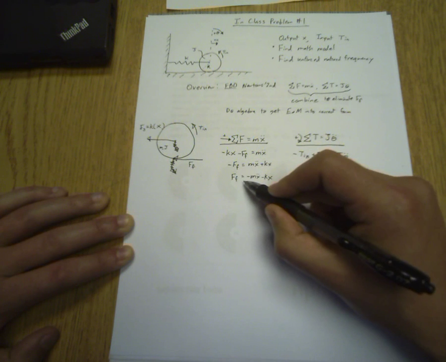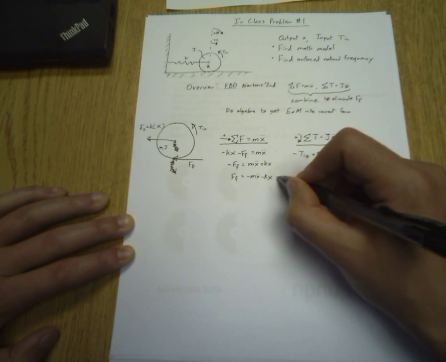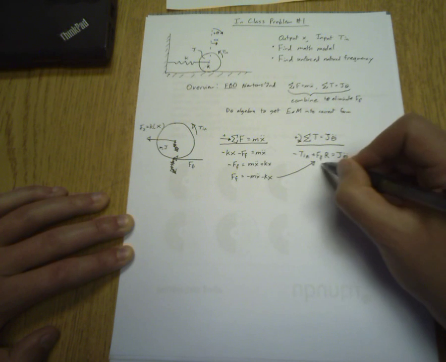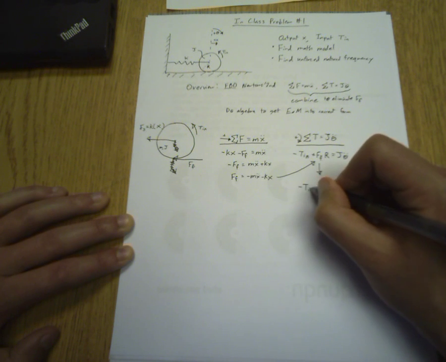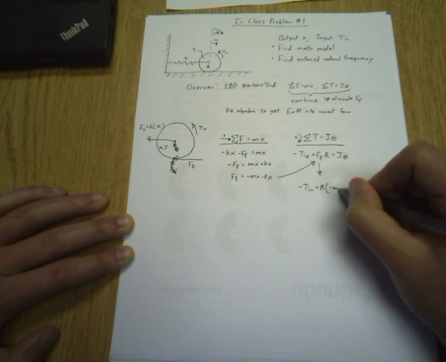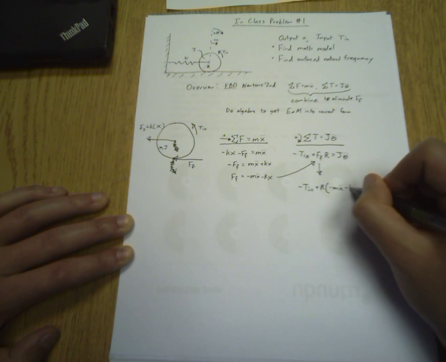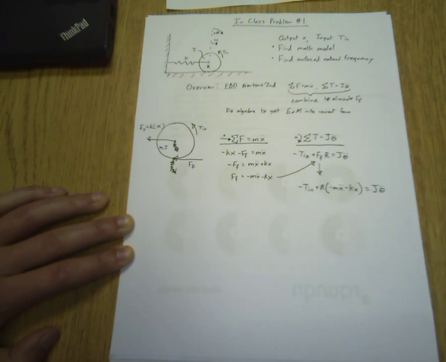And I've solved for the force of friction as a function of the other variables. I'm going to take that and plug it in right here to get my combined equation: negative T_in plus r times (negative m x double dot minus kx) equals J theta double dot.